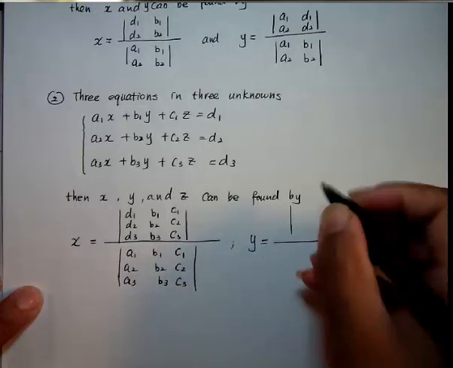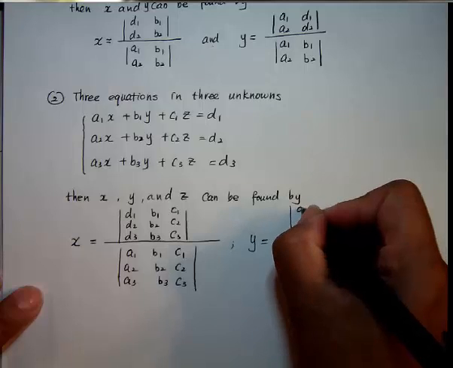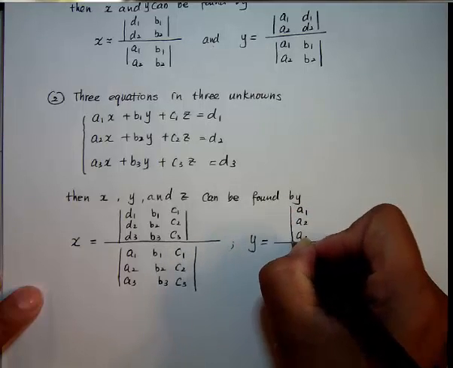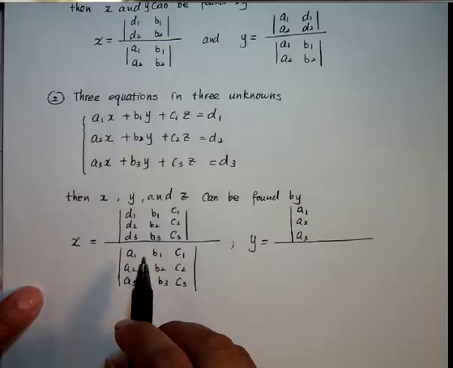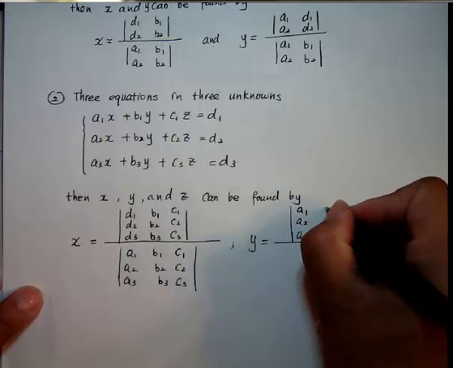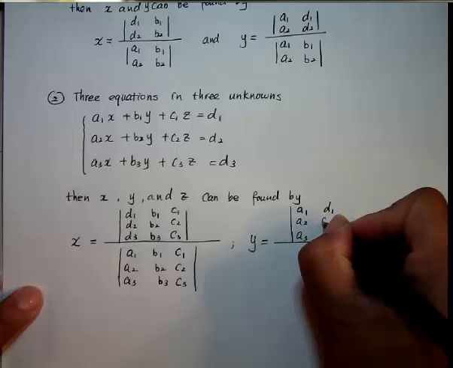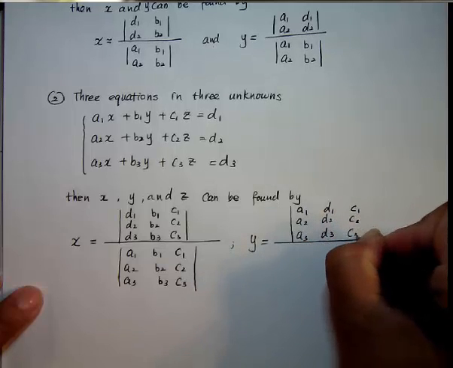Similarly, y can be found by taking the y column away. Then we have A1, A2, A3, those are the coefficients of x, and then we use the constants to replace the y column: d1, d2, d3, and c1, c2, c3.